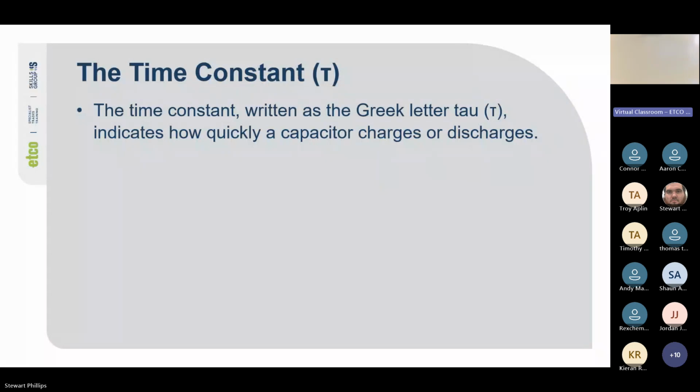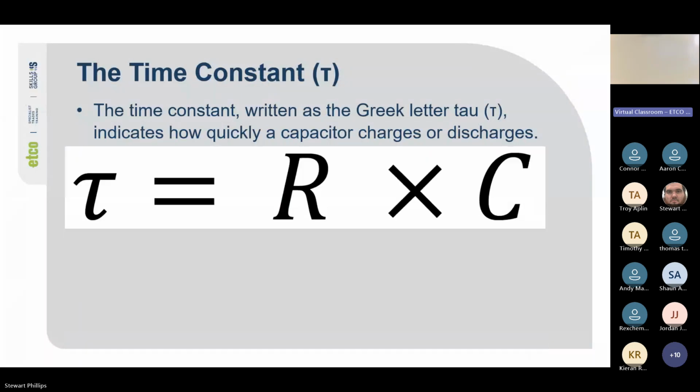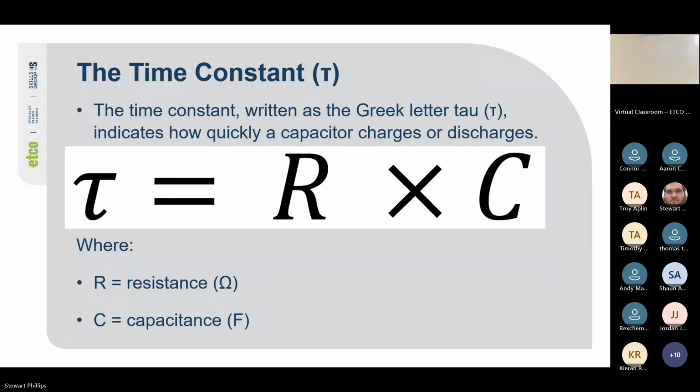So that is based on T equals R times C, where R is the resistance and C is the capacitance in farads. So depending on how much resistance is in the circuit and how much capacitance the capacitor has, will dictate how quickly our capacitor will charge and discharge.